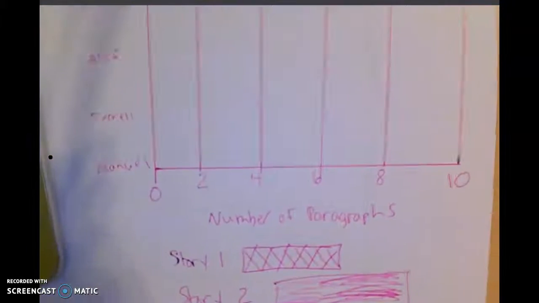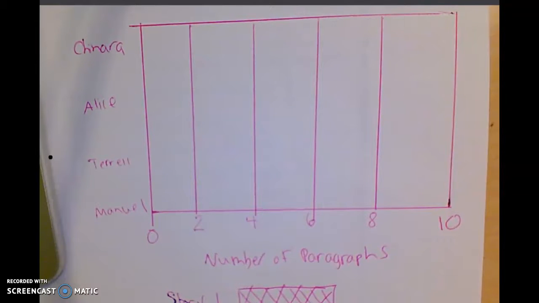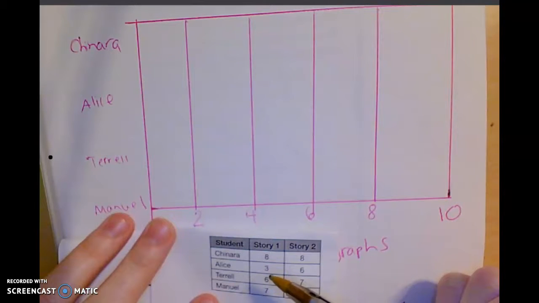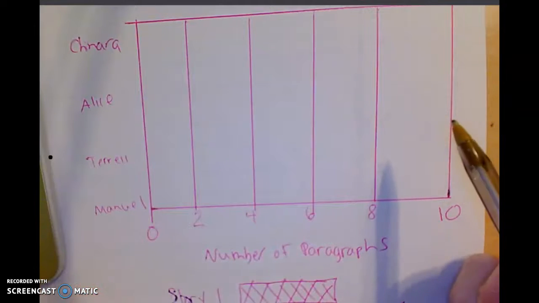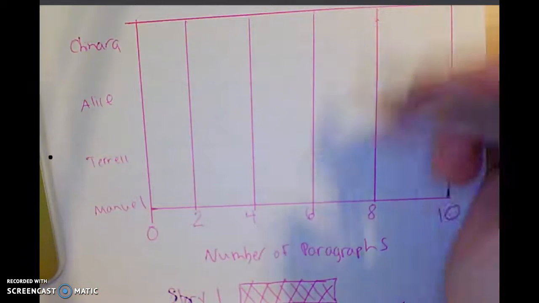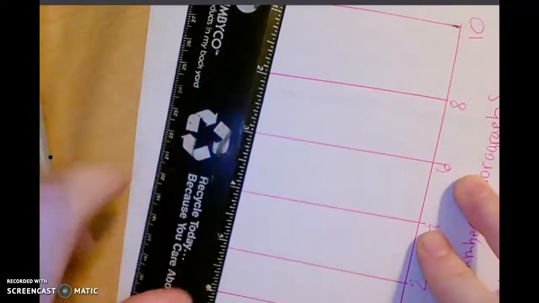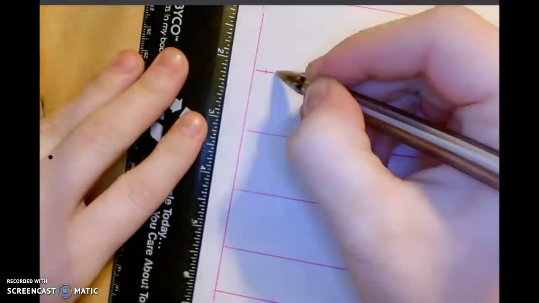Alright, now it's time to look back at our information here. So we'll start with the Shannara, and story 1 was 8. Okay, so it's going to go to there, and story 1 needs to have these crosshair looking designs. So I'm going to turn this over. Right, I'm going to start right about here. I'll make a little mark here.